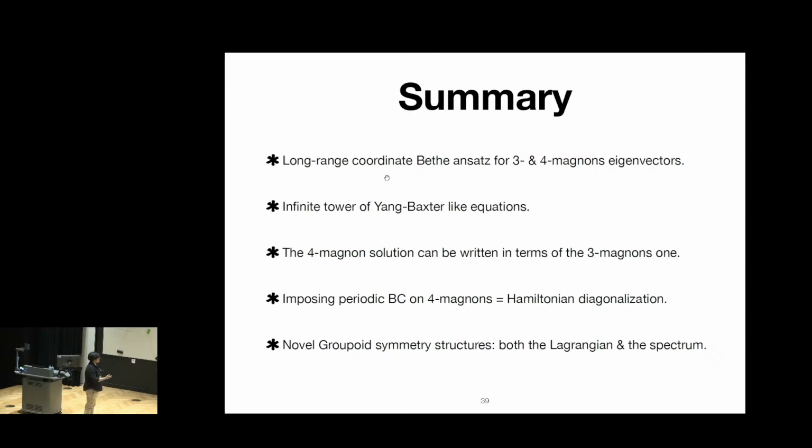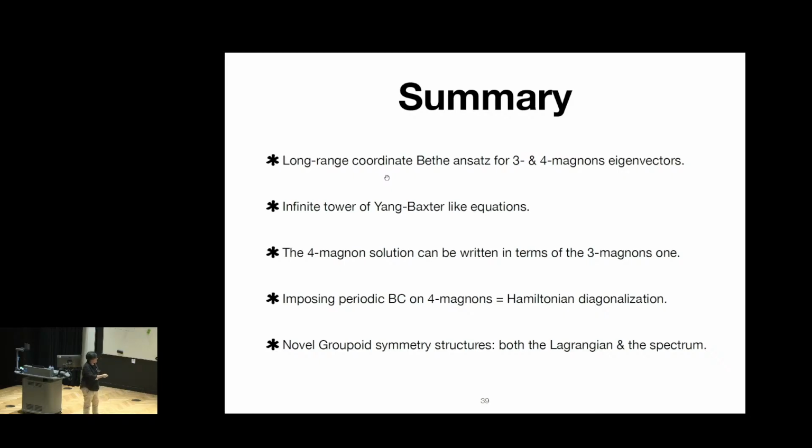The coefficients in front all conspire to form an infinite tower of Yang-Baxter-like equations, one for every integer that signifies the distance between the 2 magnons. Not only that, the 4 magnon eigenvector and the 3 magnon eigenvector that we calculated explicitly are related to each other in a very interesting way.